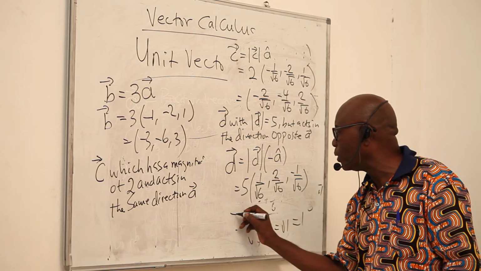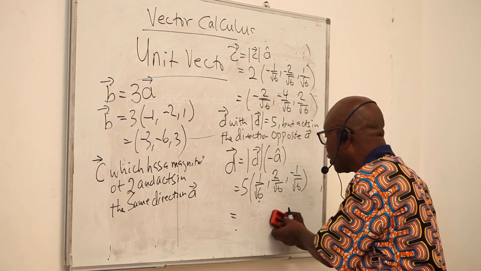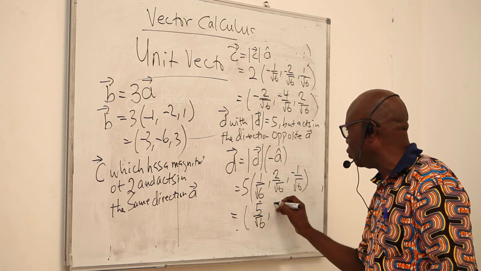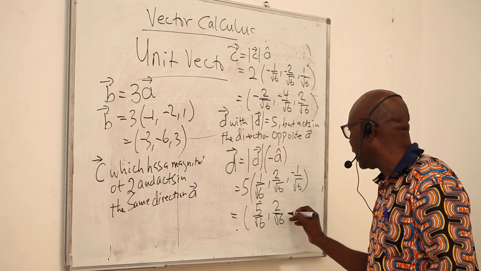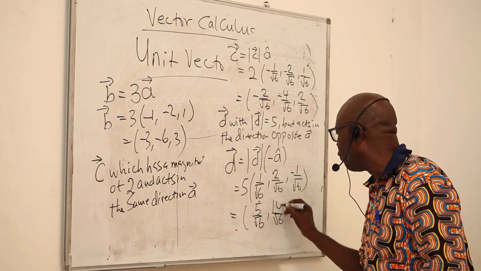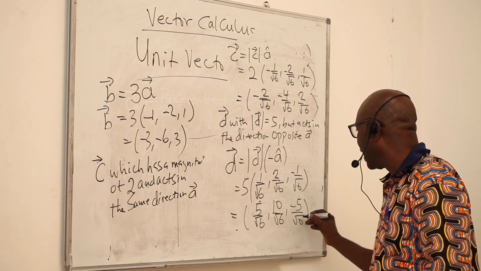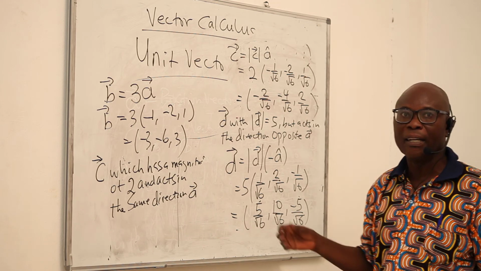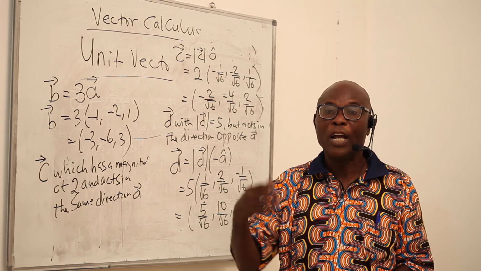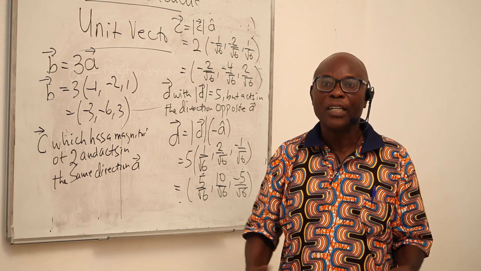And so if we open the bracket and multiply through, we're going to have 5 over root of 6, 2 over root of 6, and then minus 5: 10 over root of 6, then minus 5 over root of 6. And that will give us the vector D. So, in a nutshell, or to wrap up, if we know unit vectors, you can create more and more vectors.